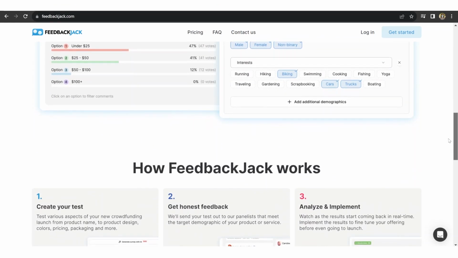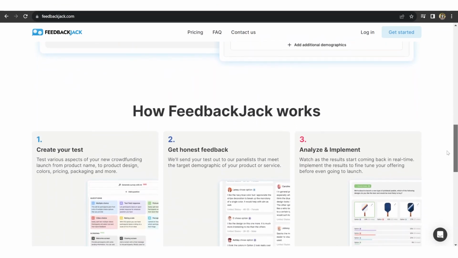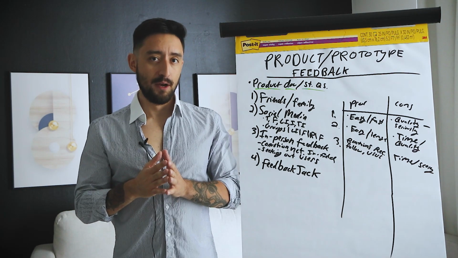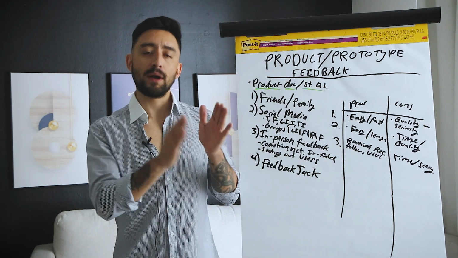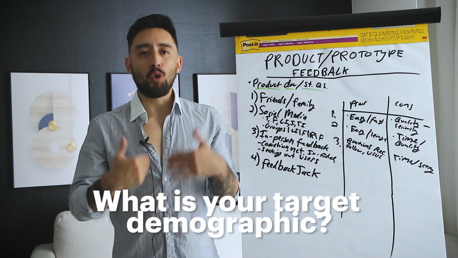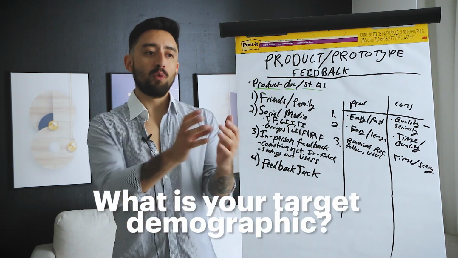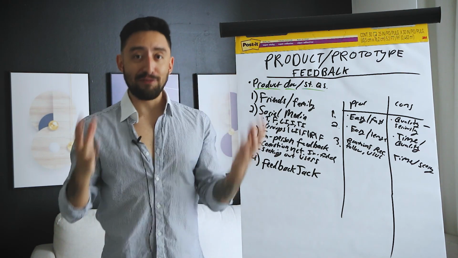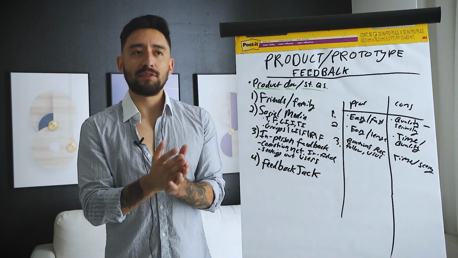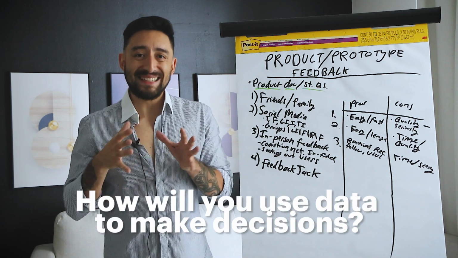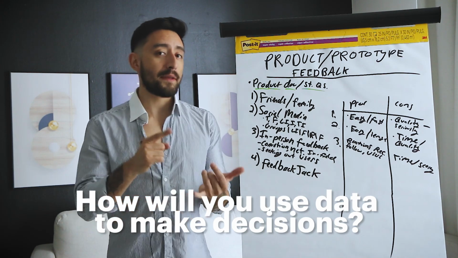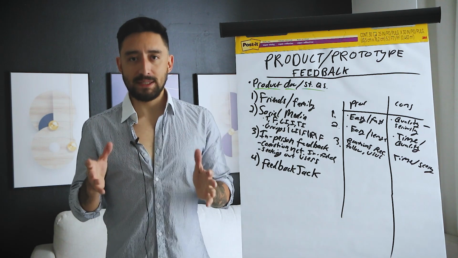But the way to make this even more useful for you is to think again about the demographic that you're going after. When you're using this tool, be sure to think about what demographic you're going after and what questions you want answered. And once all of these answers begin to pile in, it's almost like an avalanche. You then have to think about how you're going to use that data to make more decisions about the product, or about the market, or about market testing in general.